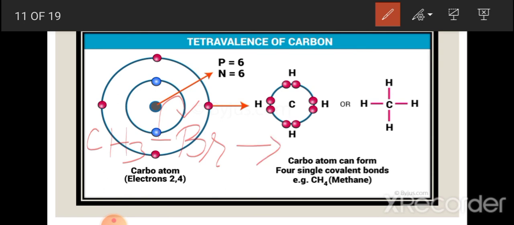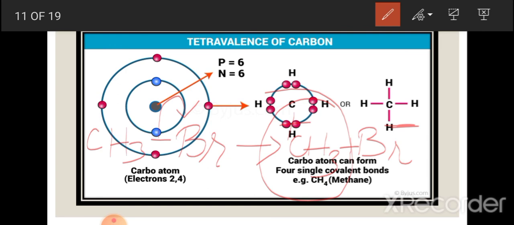Bromine will become the bromide ion, and methyl will have the positive charge. So this is a carbocation.